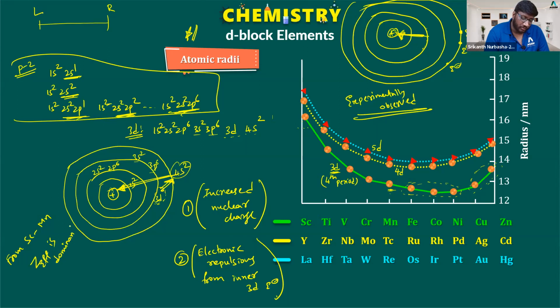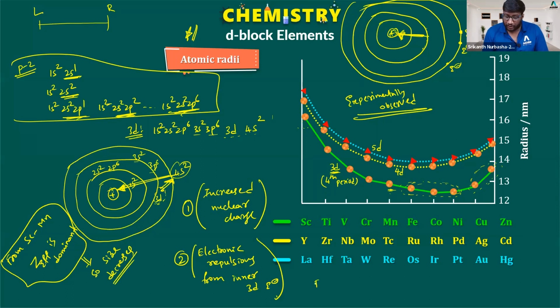From iron to nickel, the effective nuclear charge and the electronic repulsions are balancing each other. That is why size is not increasing or decreasing. Size is the same. From scandium to manganese, the Z effective is dominant, so size decreases.